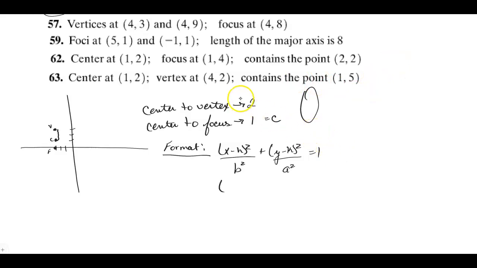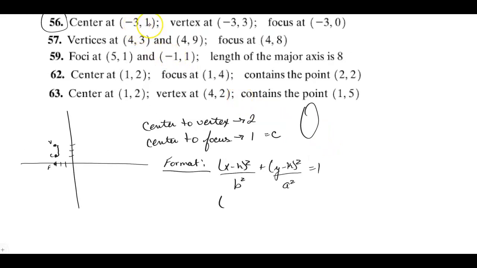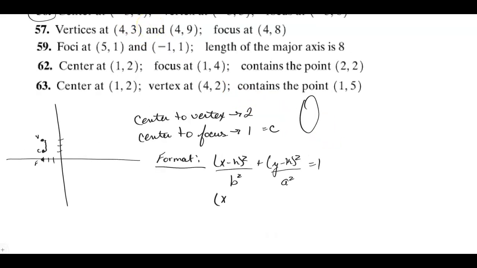So we have a center at -3, 1. So this is going to be x minus -3. And this is going to be y minus 1. We also know A. That's the distance from the center to the vertex, because this is one of those vertical ones, right? One of those tall ones. So A is going to be 2. We just got to figure out B.